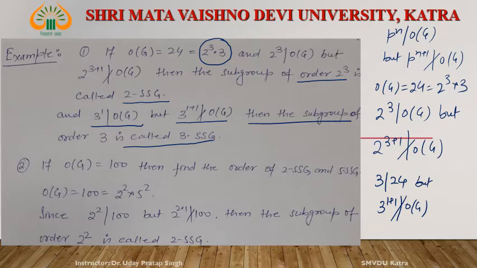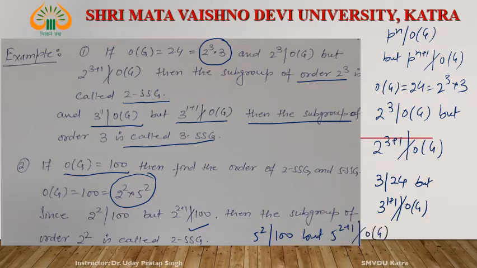If the order of G is 100, what is 100? 100 can be written as 2 to the power 2 into 5 to the power 2. 2 to the power 2 divides 100, but 2 to the power 2 plus 1 does not divide 100. Then the subgroup of order 2 to the power 2 is called 2SSG. Similarly, 5 to the power 2 divides 100, but 5 to the power 2 plus 1 does not divide the order of G, that is 100.